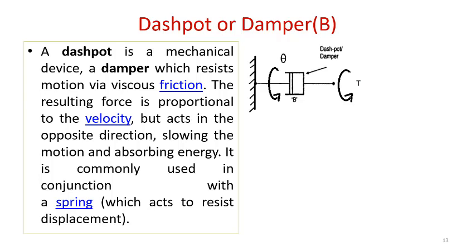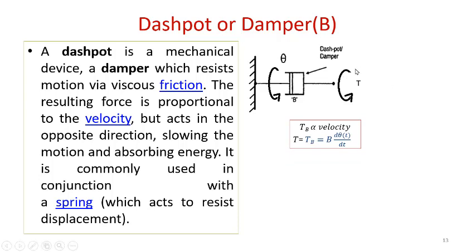Hence it slows the motion and absorbs the energy. So dashpots will make the system get damped. Hence it is commonly used in conjunction with the spring, which acts to resist the displacement. Here we can see there is an angular displacement which is happening.